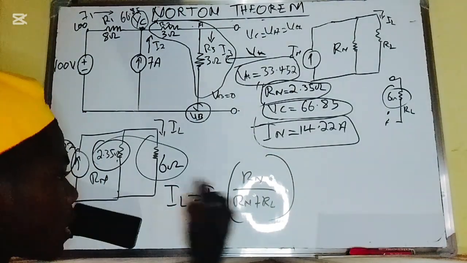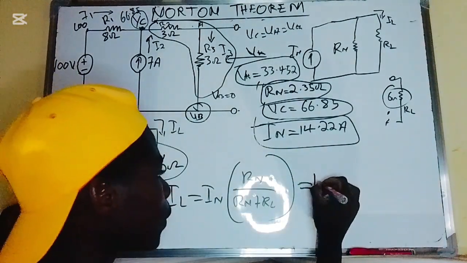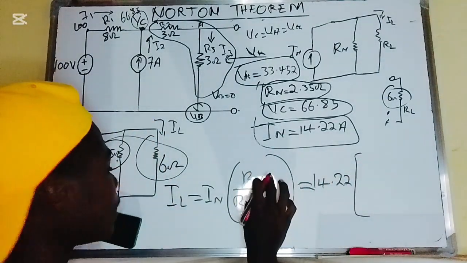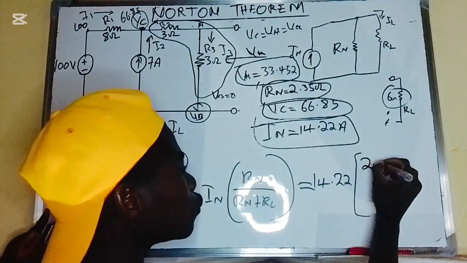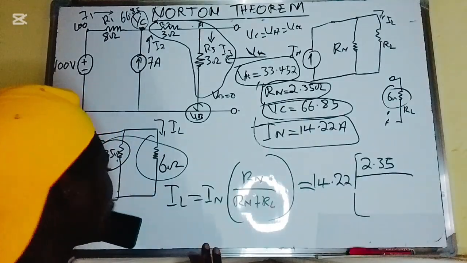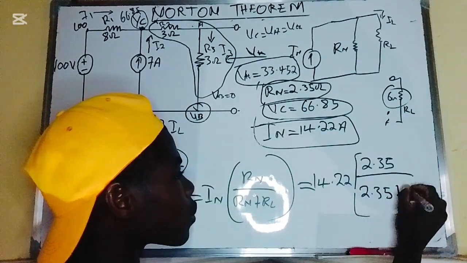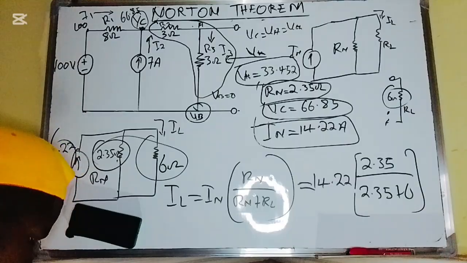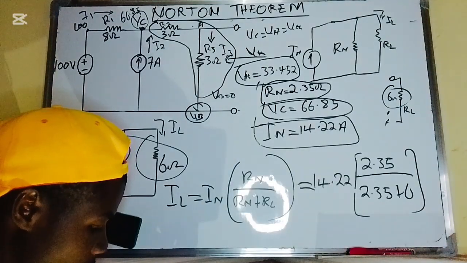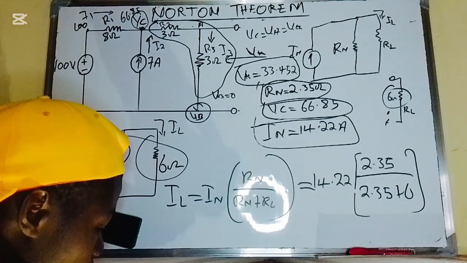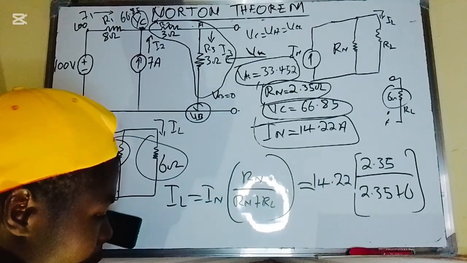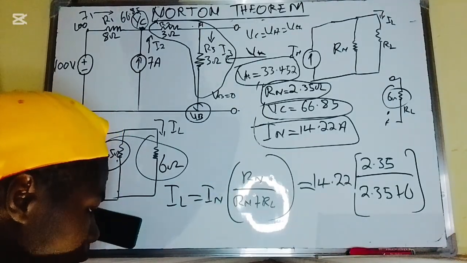So it should now be equal to the Norton's current, 14.22, multiplied by the Norton's resistance 2.35 divided by the summation, 2.35 plus 6.